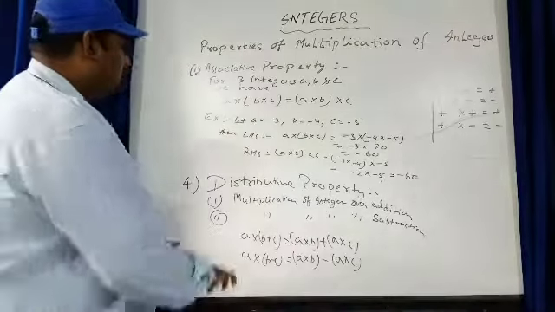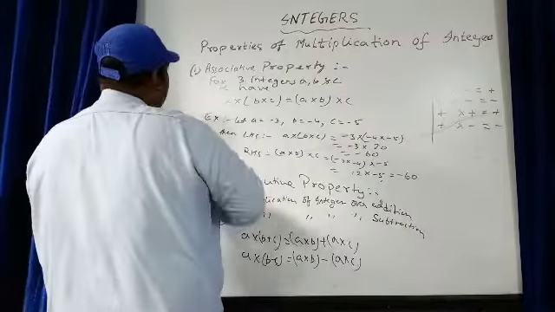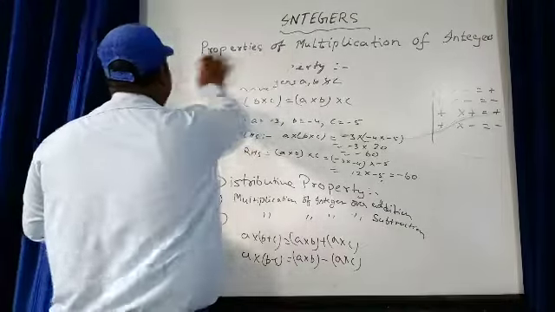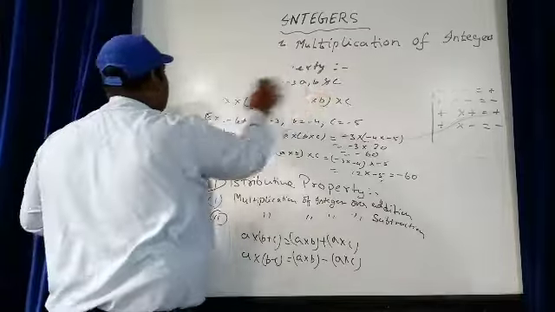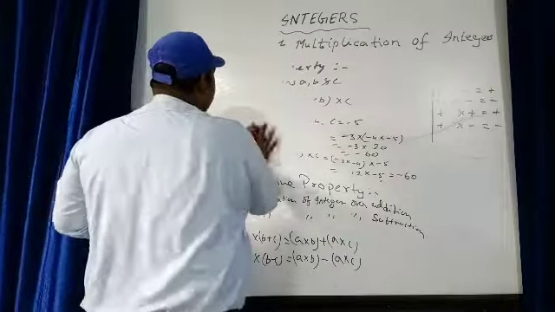Okay, we have learned the two. Now let's see with an example. Students are generally doing wrong here. Let's see what they are doing wrong.